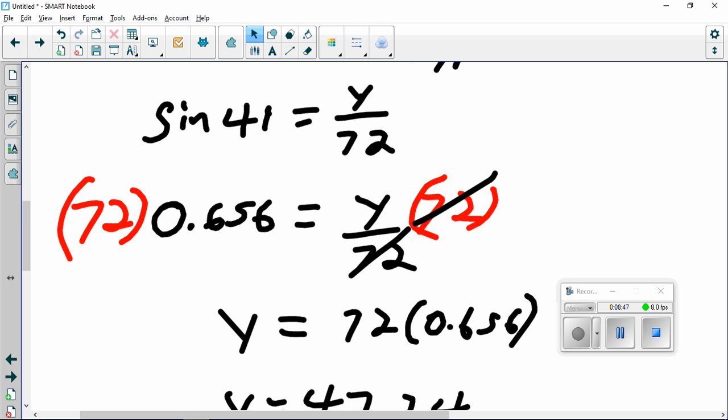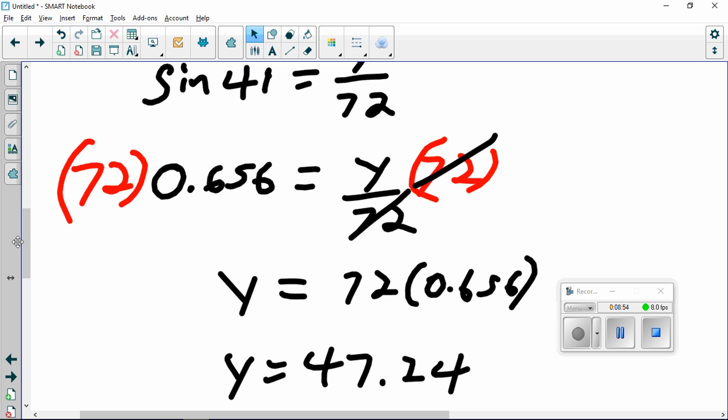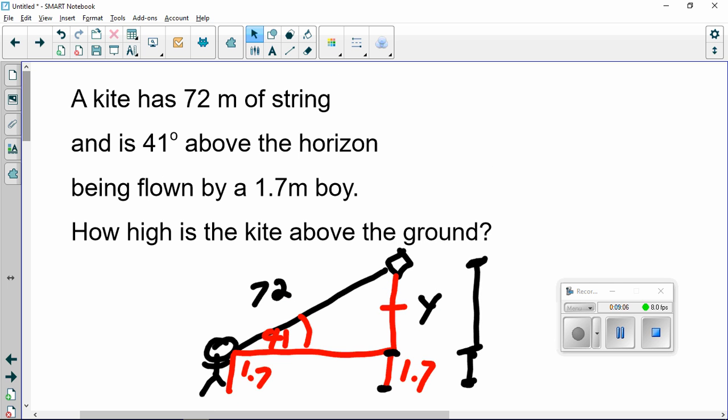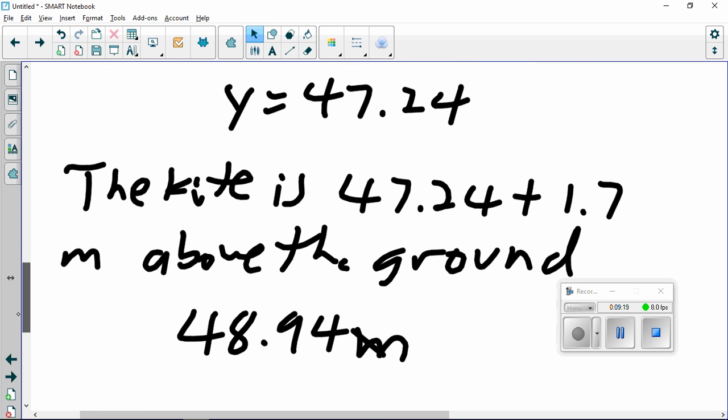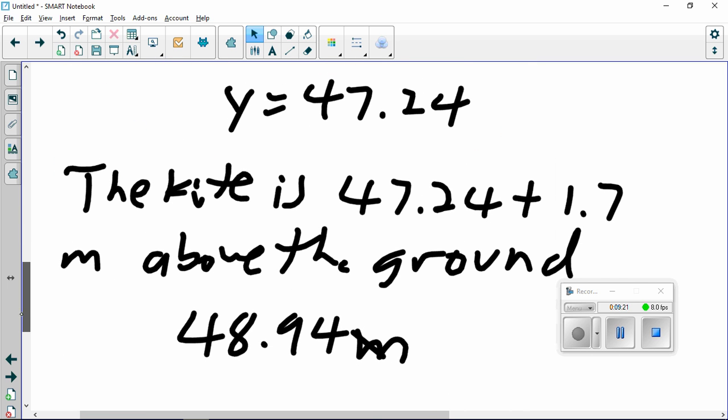It was being divided by 72, so we've multiplied both sides by 72, getting y by itself, which gave us a value of 47.24. Once you're finished your analysis, though, you must reread the question to make sure that the number you came up with answers the question. So we take our 47.24 and we look here and realize that the 47.24 is not the height of the kite above the ground, but it's the height of the kite above the top of the boy. So we've got to add the height of the boy to it. Our final answer is what we get when we add those together, and it's 48.94.